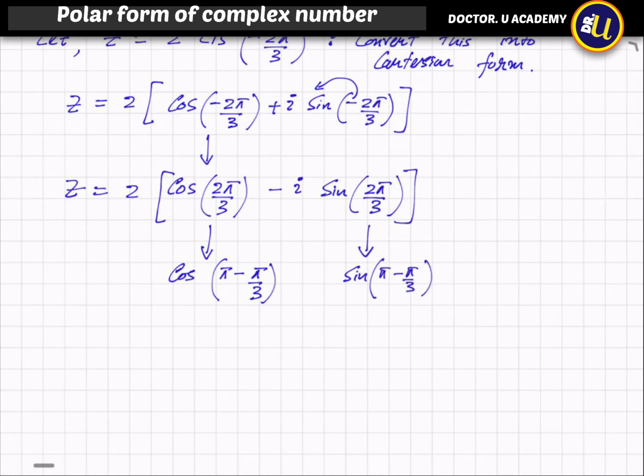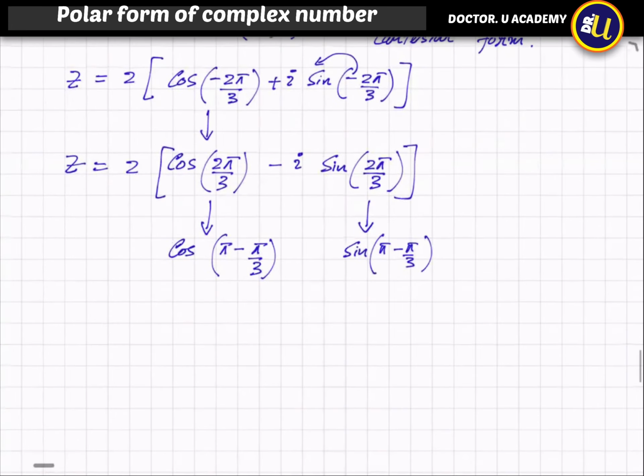So cos of pi minus pi divided by 3 is minus cosine pi divided by 3, and sine of pi minus pi divided by 3 is sine pi divided by 3.